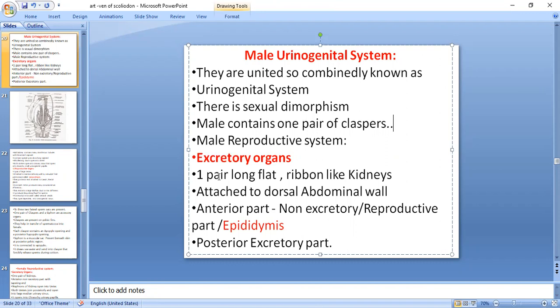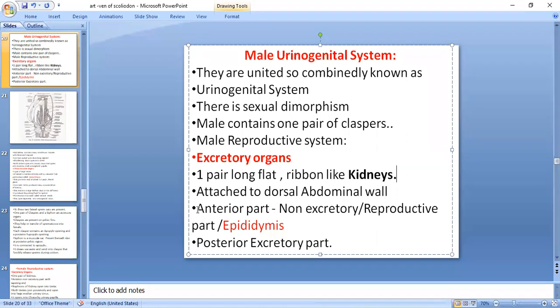So first of all, let's see the excretory organs. It includes a pair of long, flat, ribbon-like kidneys. The major part of the excretory system is one pair of very different kinds of kidneys seen in this fish. They are attached to the dorsal abdominal wall.